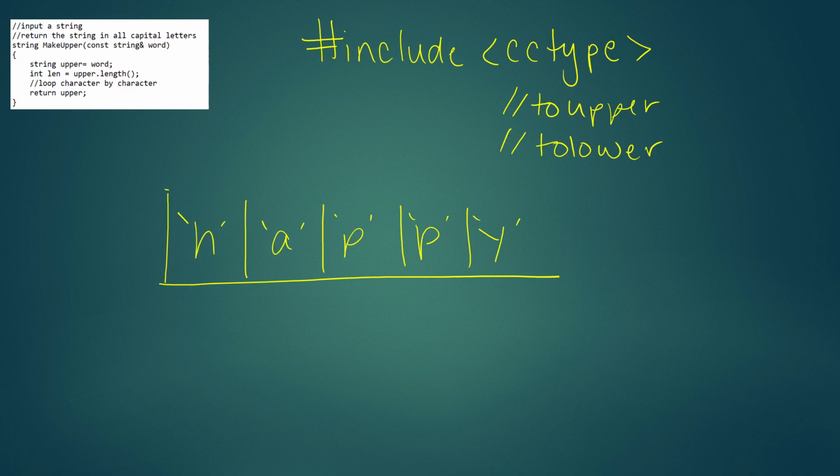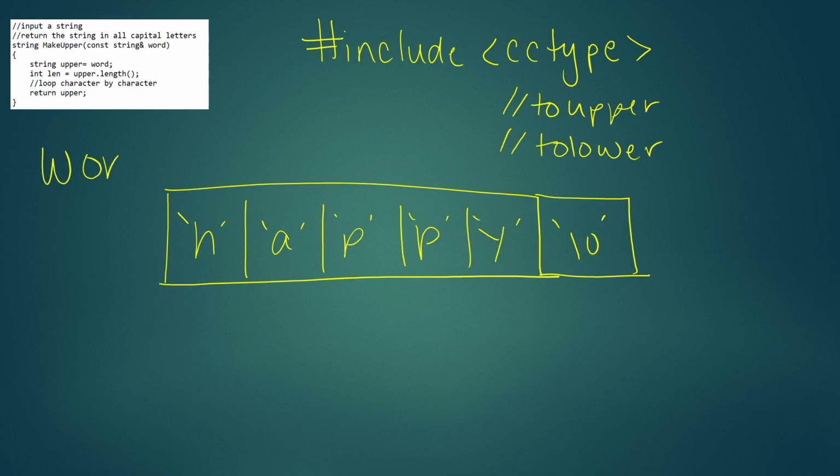But if this is a string, it will have happy and it will have the null character here. So if the name of this string is word, then it was declared as string word. We're going to pass this string to our function. Then we're going to create a copy of this string called upper.